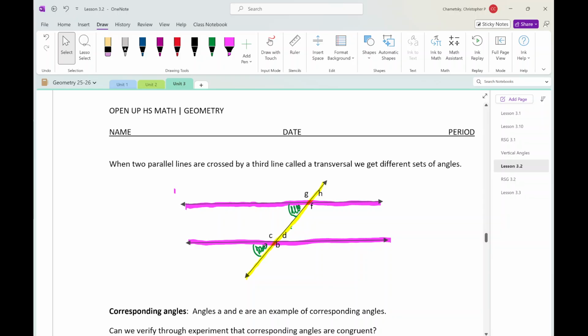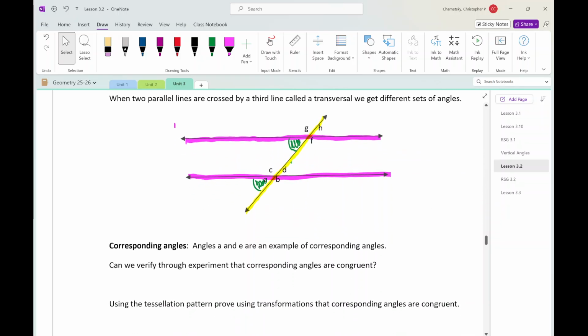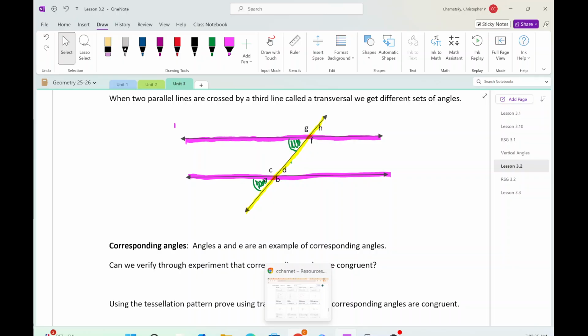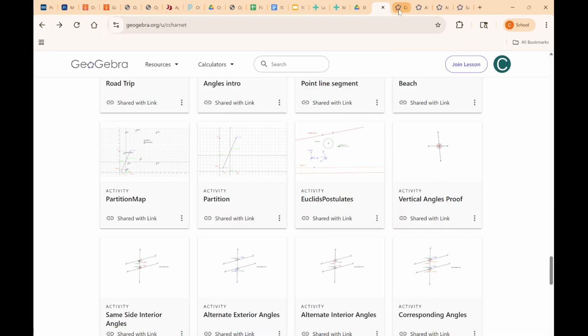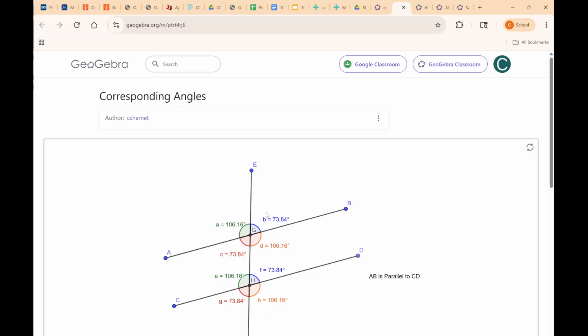Can we verify through experiment that these corresponding angles are congruent? Well, we can go to GeoGebra, and I have some corresponding angles here. So we look at these green ones, those match up. They're both 106.16 degrees.